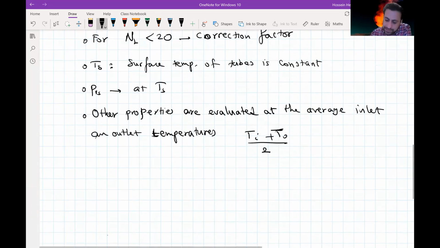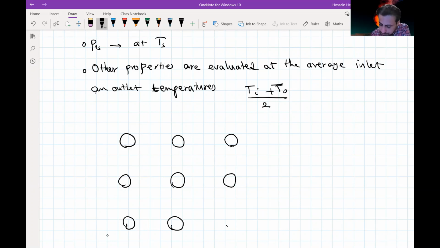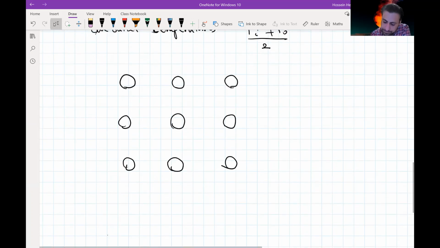So let's say we have this bundle of tubes, an inline bundle of tubes, and let's assume this is just a few of them that I'm showing here. There are many of these rows built up.